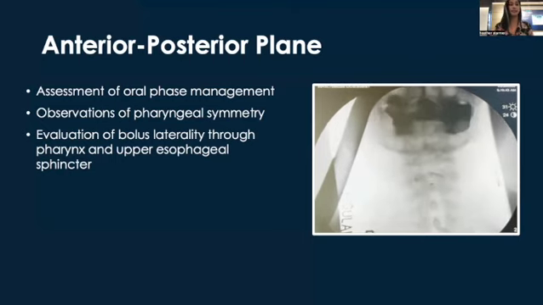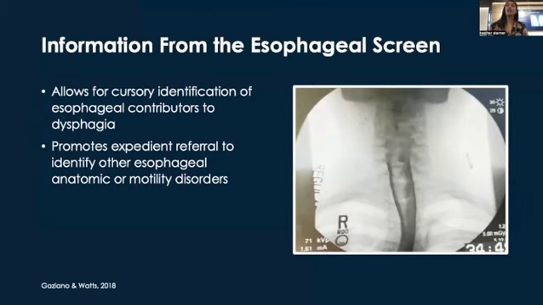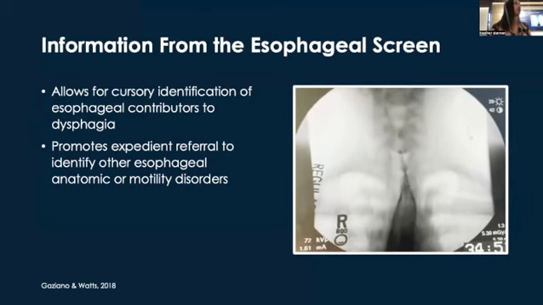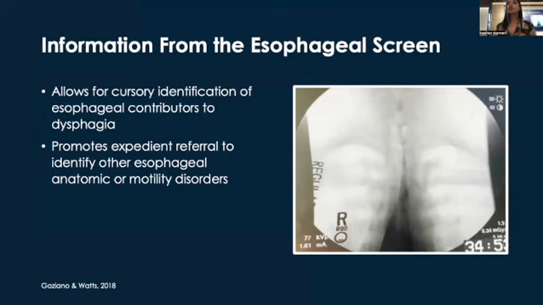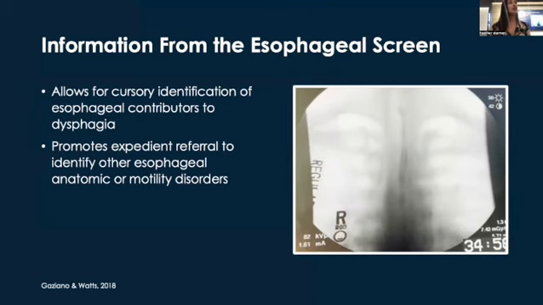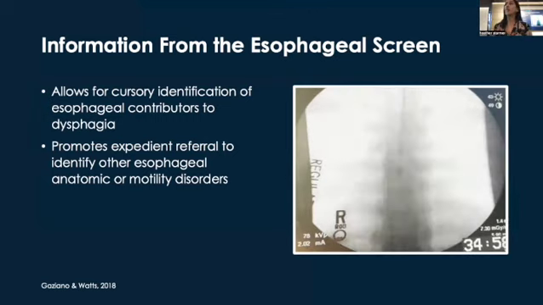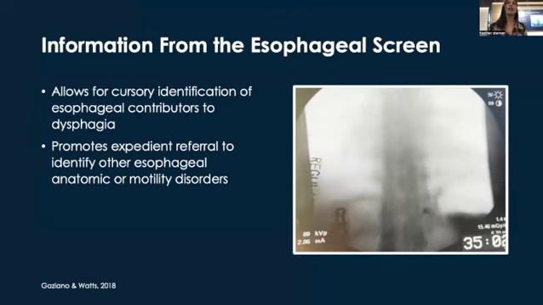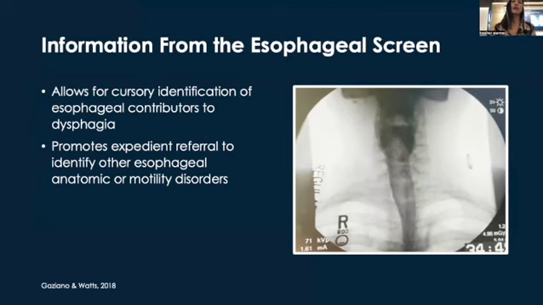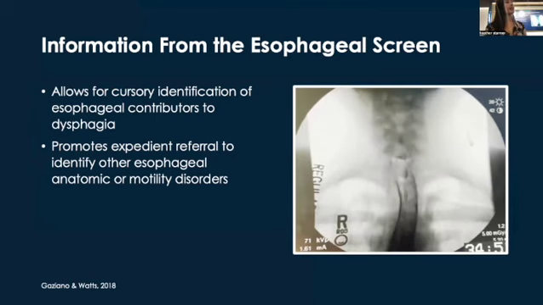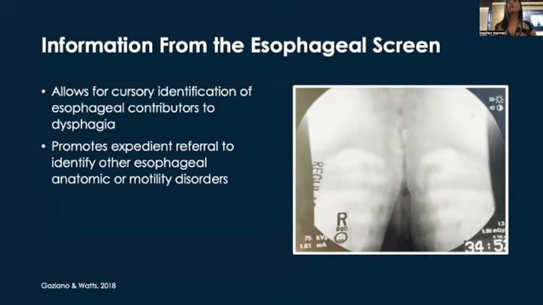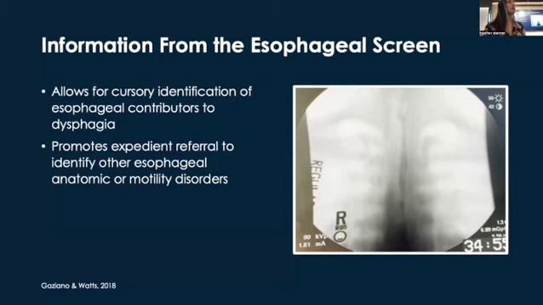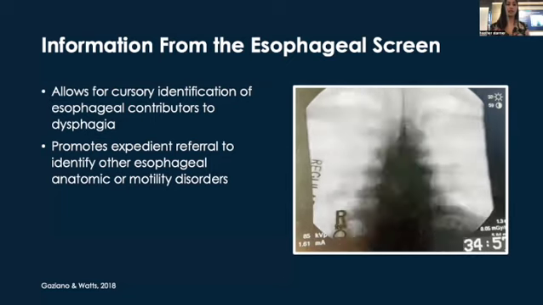When we think about information from the esophageal screen, while it does not serve to be diagnostic, it can certainly raise our suspicions that maybe there is something going on lower in the esophagus within the esophageal body or the lower esophageal sphincter. So doing an esophageal screen allows us a really rudimentary or elementary identification of some esophageal contributors to the patient's complaint.